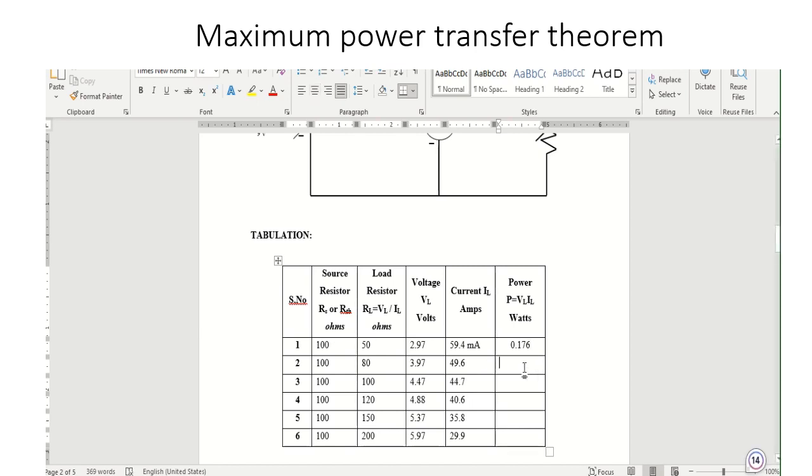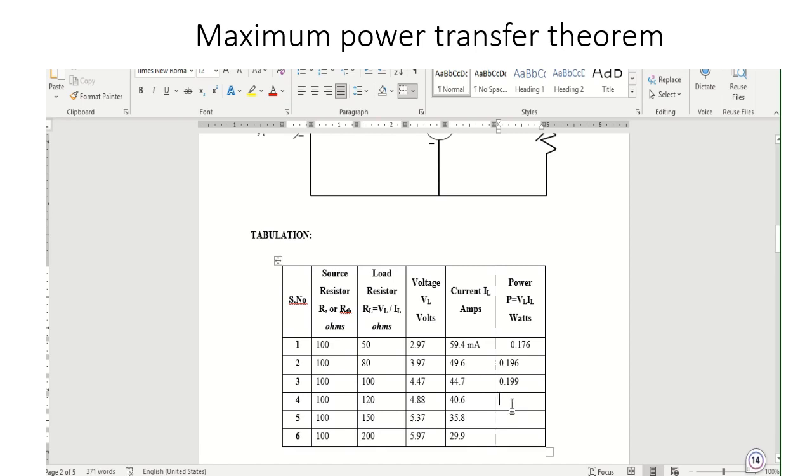Next one, 3.97 multiplied by 49.6 milliamps gives 0.196 watts. Next, 4.47 multiplied by 44.7 milliamps gives 0.199, which is almost 0.2.